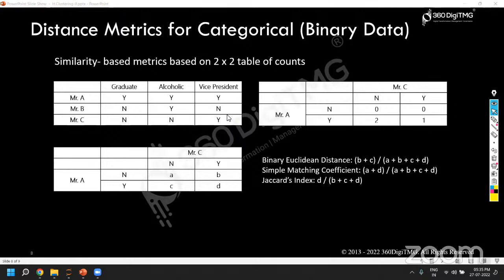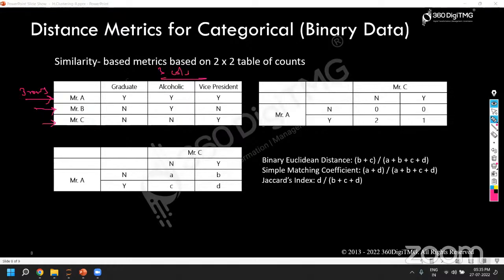And when we do the comparison, you can see these are the data points that we are trying to take into consideration. We have 3 records: record A, record B, record C. Right? So we have 3 records here, and these 3 rows have 3 columns.